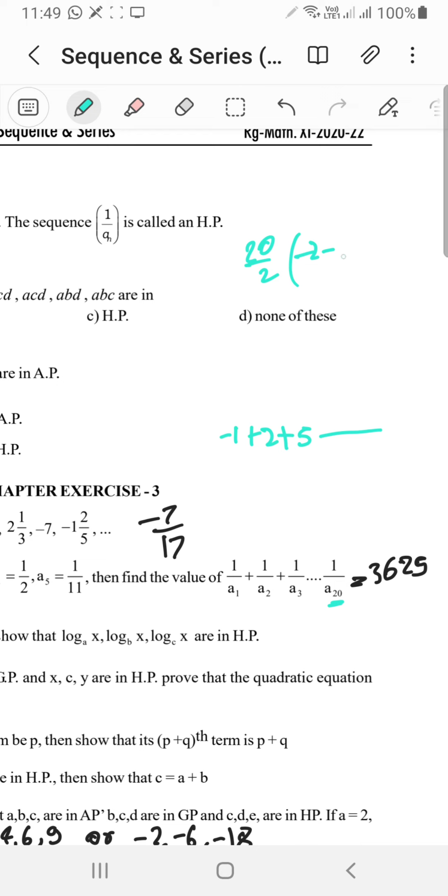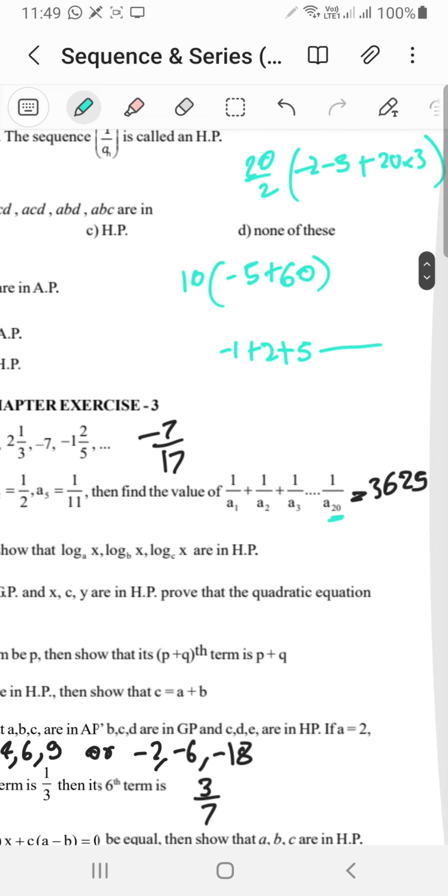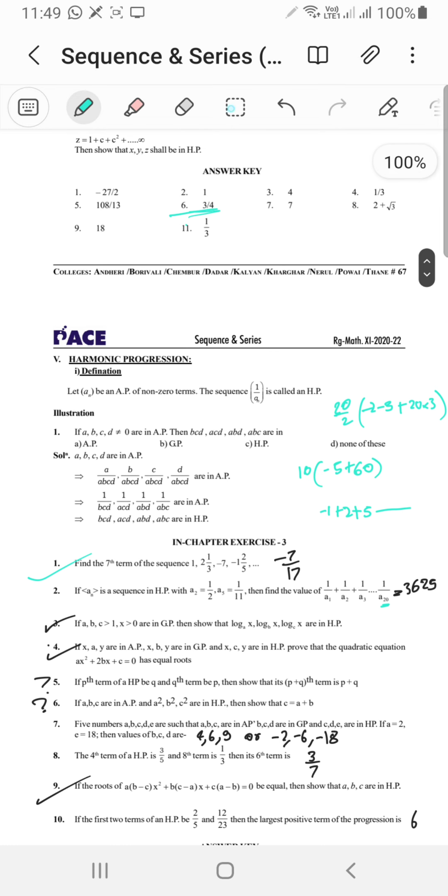That, okay, minus d, so it's 3 plus 20 into our d value, so that's into 3. Yes, that's how it should be. Okay, 20 upon 2 is just 10, so 10 into minus 5 plus 60, and that's 55 times 10, which is 550, and that is this thing. This is wrong. Okay, I got it.